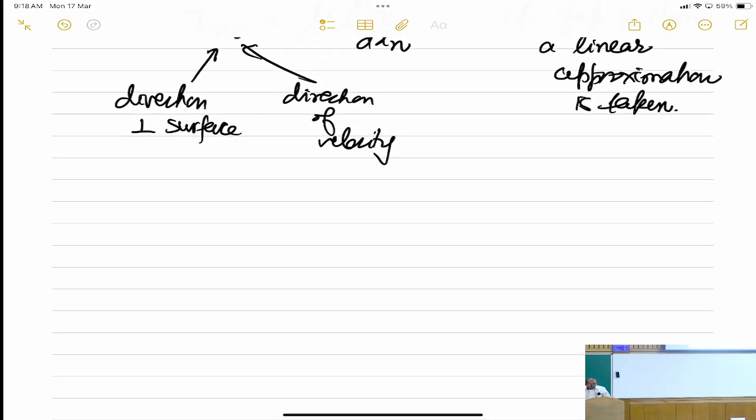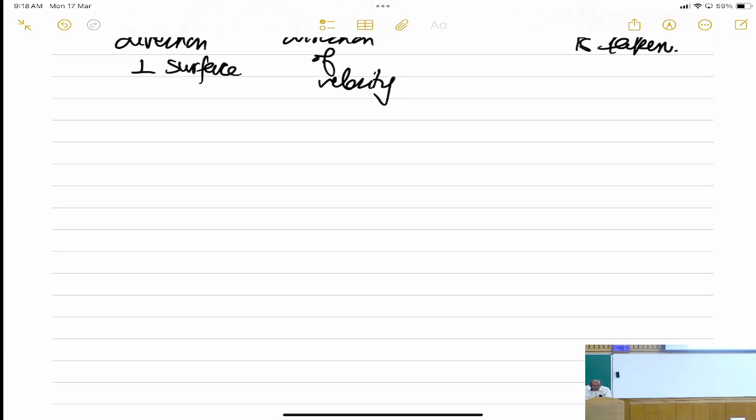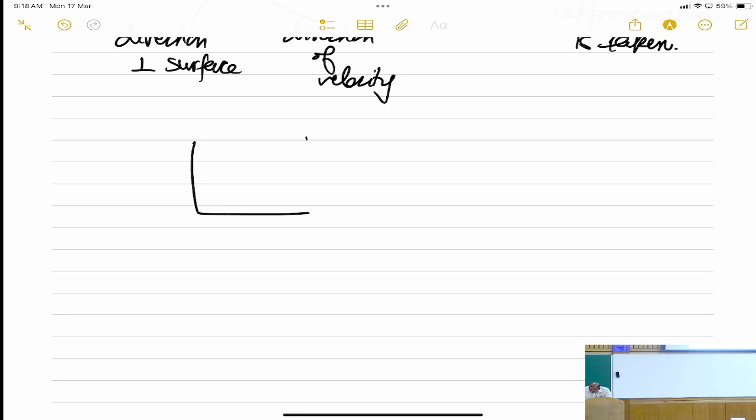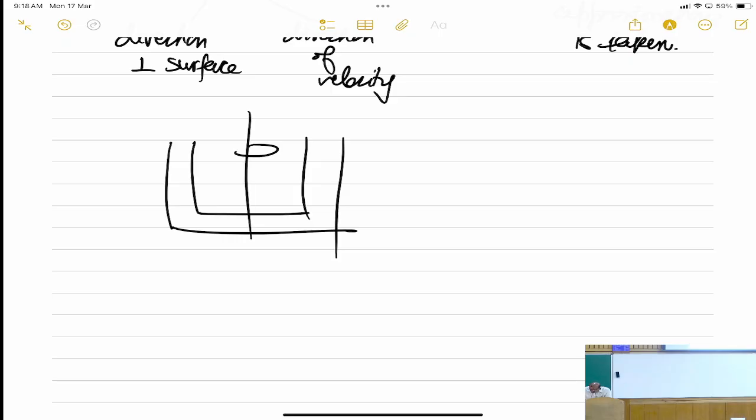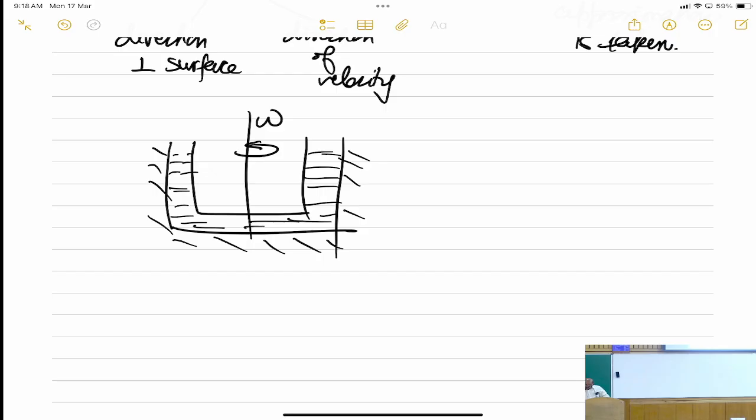You'll also look at examples like this case, which you will look at in the class.